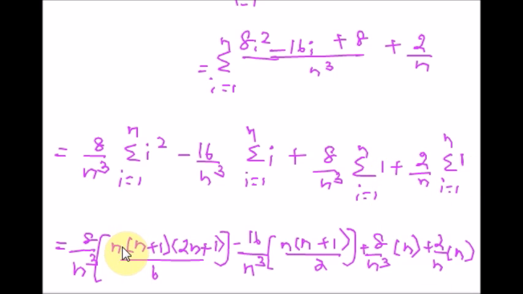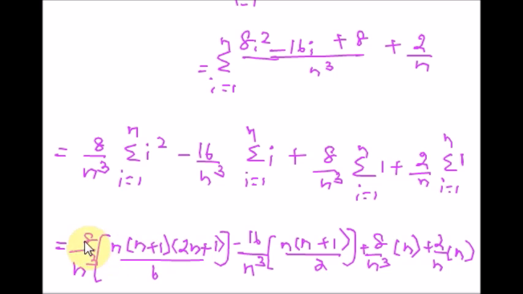Now expand everything. You have to multiply each of the parentheses. You could use the FOIL method also. You can first multiply n with n plus 1 and then whatever answer you're getting, you can just distribute that with the next one. After that, you multiply 8 over n cube with whatever term is inside the parenthesis.